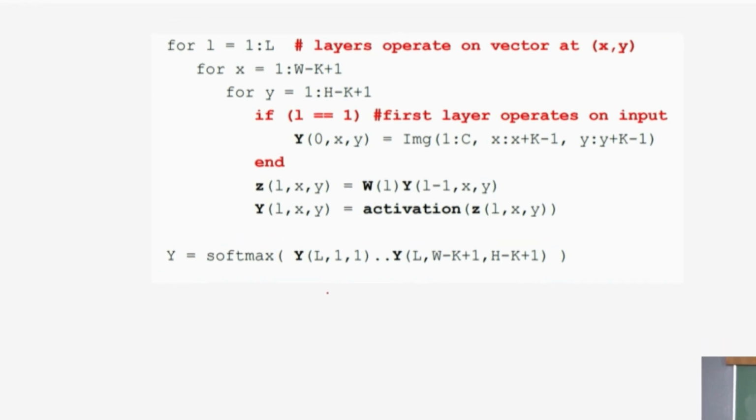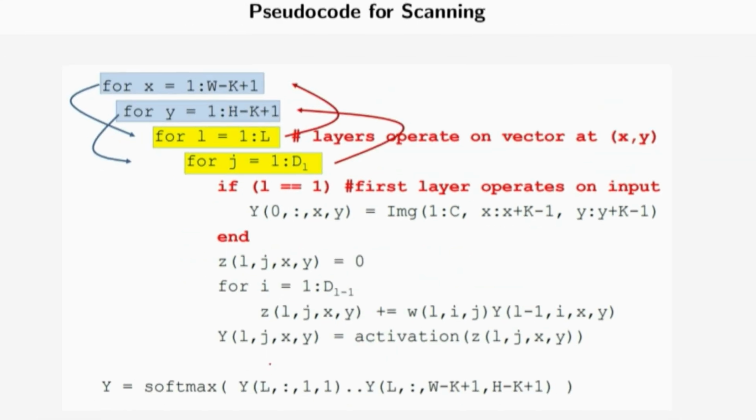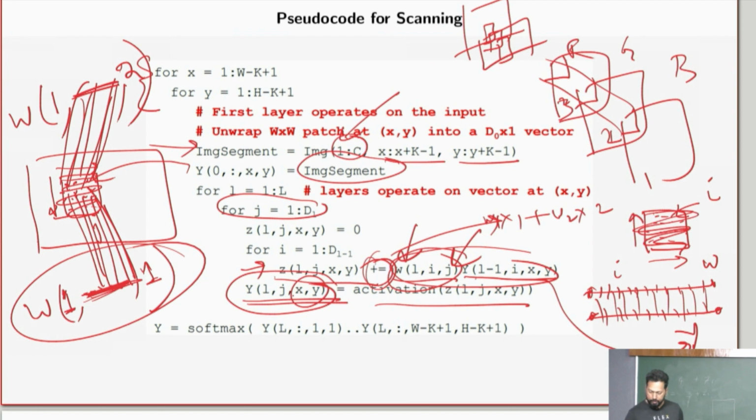And again, this will help us in vectorizing. If we make that change in the loop and bring the J loop down, then the J and the ith loop. Again, the same process, because if we go and see these guys here, this guy was acting on the same segment. This guy was acting on the same segment, right? So why not vectorize that?